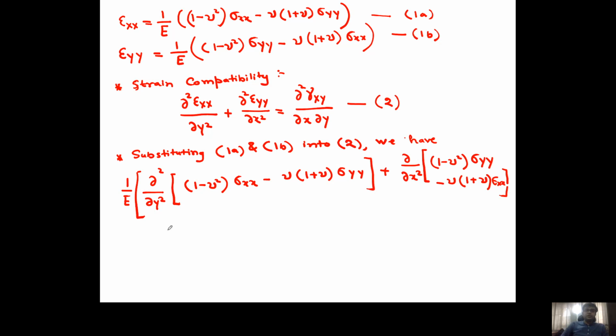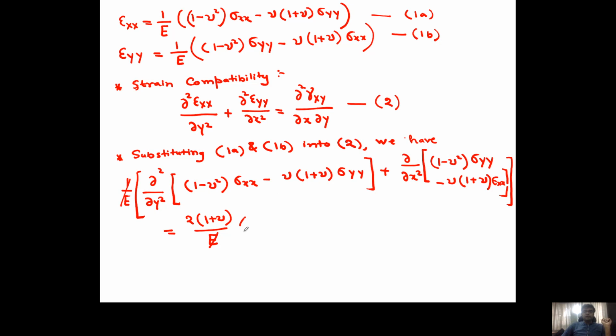And then when we come to the right hand side, we have gamma xy. You can write it as tau xy by G, so 1 by G is outside, which is 2 into 1 plus nu by E. E cancels out as was promised.